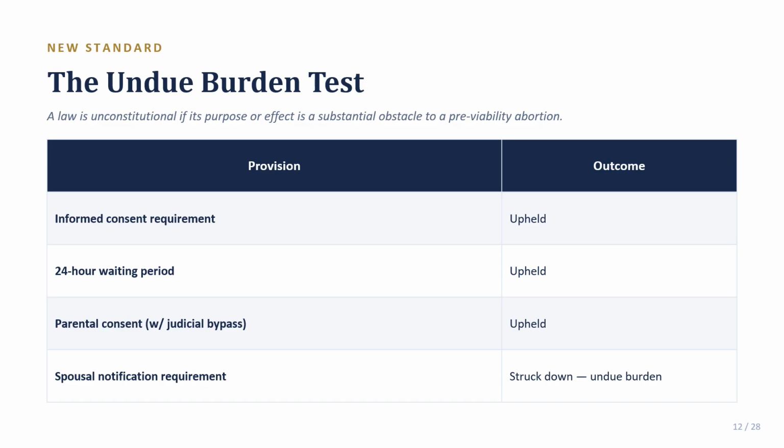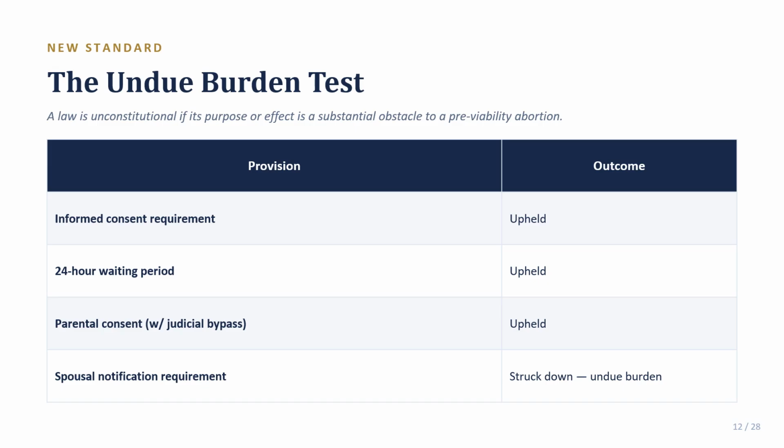The court found that a delay of that length, while an inconvenience, doesn't rise to the level of a substantial obstacle for most women, even though the dissenting judges very, very sharply disputed that conclusion. Parental consent with a judicial bypass option for minors was also upheld because the judicial bypass procedure gave minors who couldn't or wouldn't involve a parent an alternative path to obtain the required authorization.